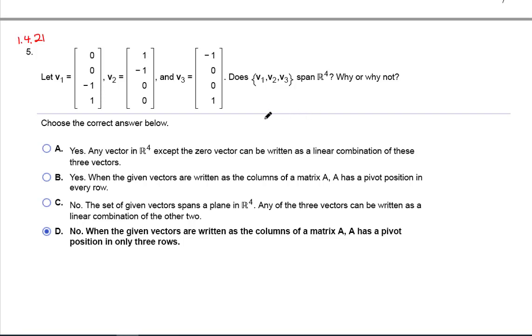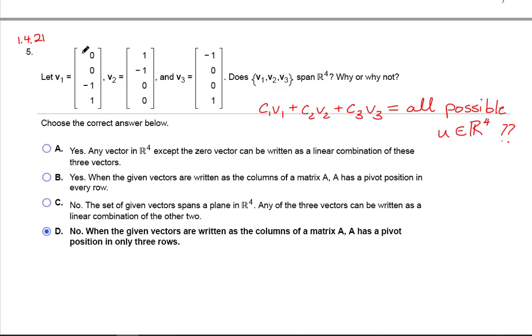Would it be possible to find C1 V1 plus C2 V2 plus C3 V3 that gives me all possible U in R4? Is that possible?